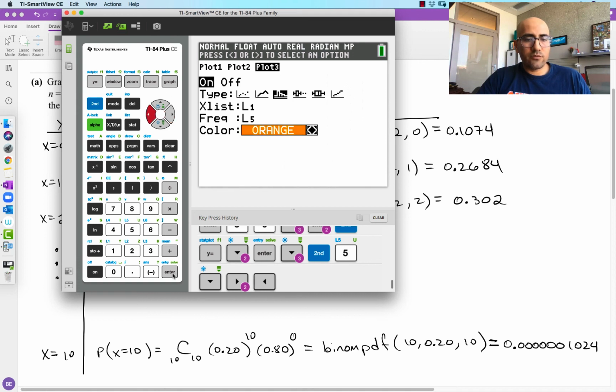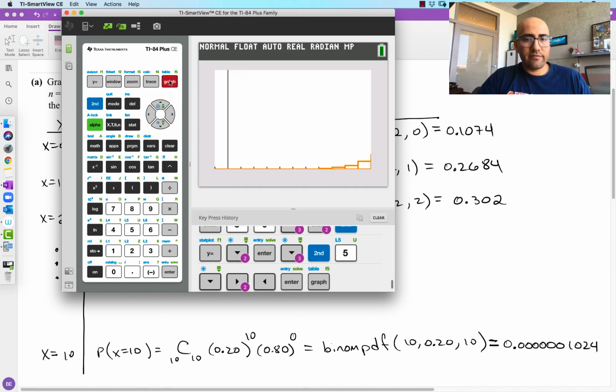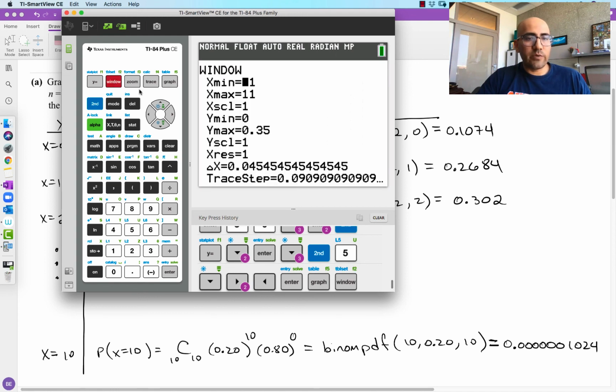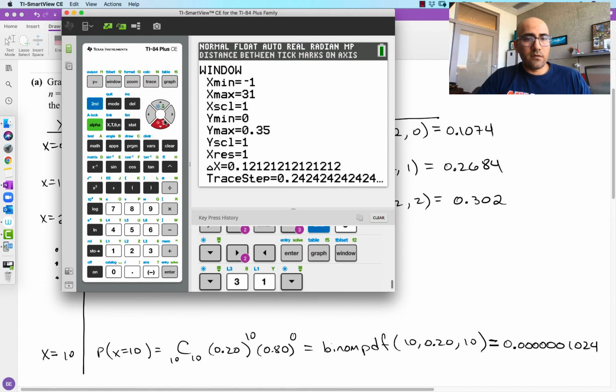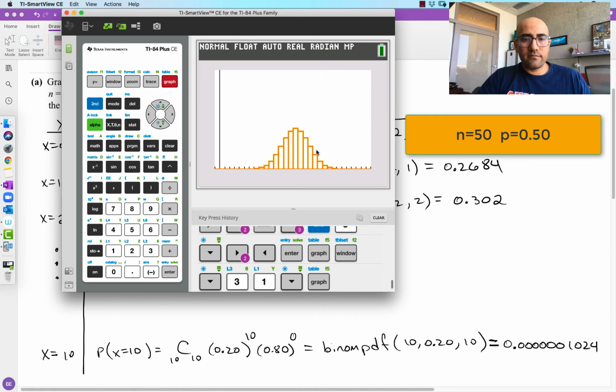Let's go with orange. Graph. Oh, so we need to change our window, right? This only goes from 0 to 10, and we're going to 30 now. So we've got to change our window, and let's make it to 31, and graph, and there. Right, so from 0 all the way out to 31.